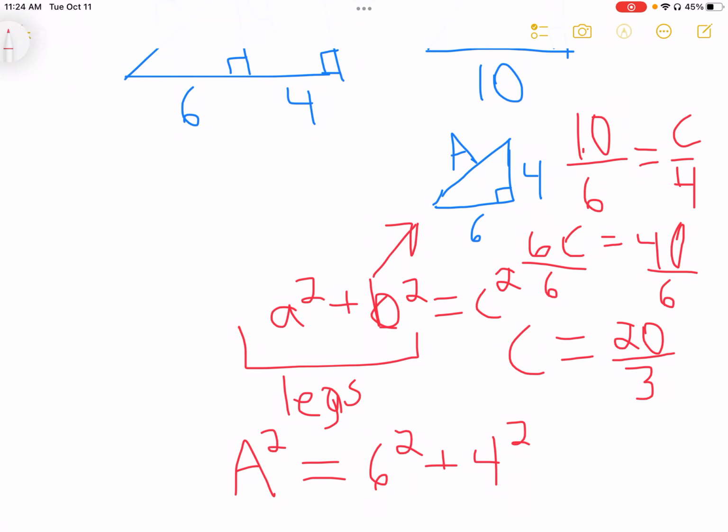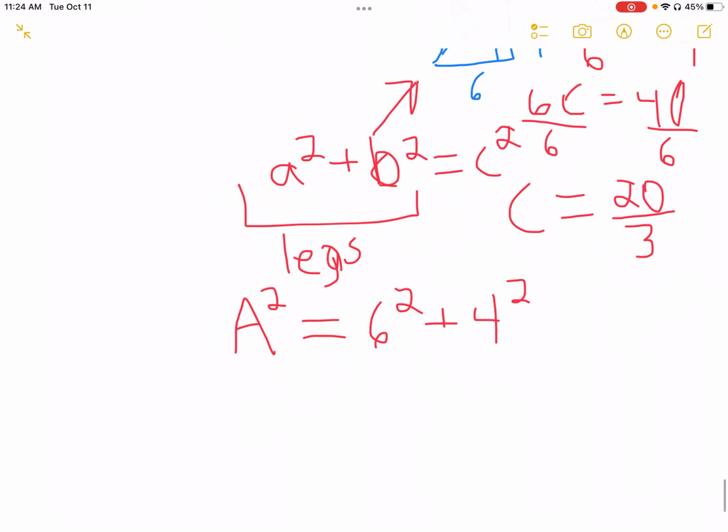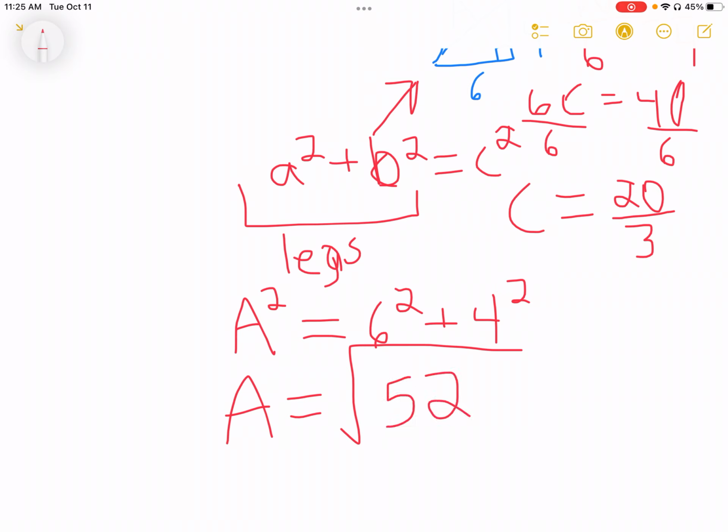So then my a here is going to be equal to the square root of the sum of these numbers, right? So 6 squared would be 36, and then 4 squared is 16. So 36 plus 16, which would be 52. So that means it's the square root of 52. Okay, so now I found a there, square root of 52.